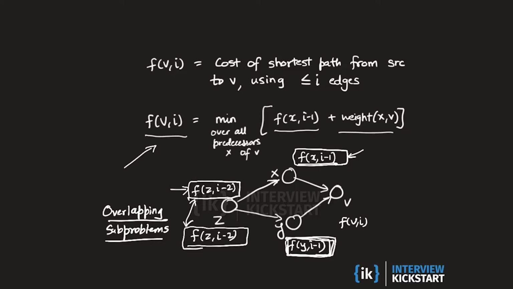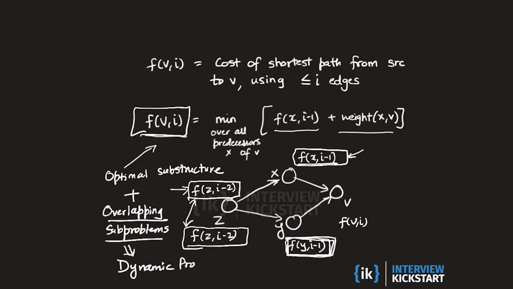We also know that this way of defining the function has the property of optimal substructure. So because we have optimal substructure and overlapping subproblems, we are naturally led to using a dynamic programming based strategy to solve this recurrence equation bottom up, avoiding repetitive work.